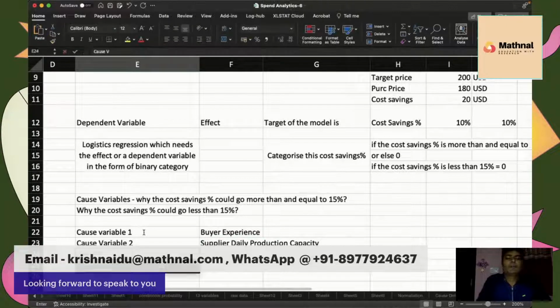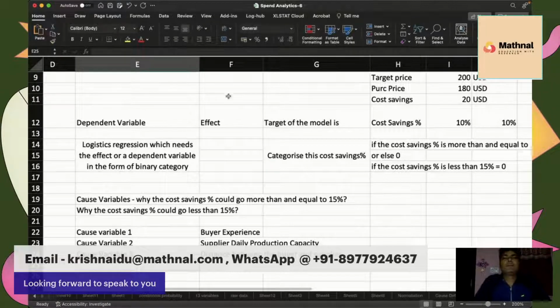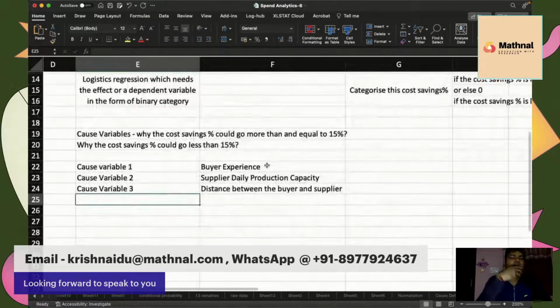Cost variable 3 is the lead time, the distance between the buyer and supplier. Okay, so we're going to take these three cost variables.